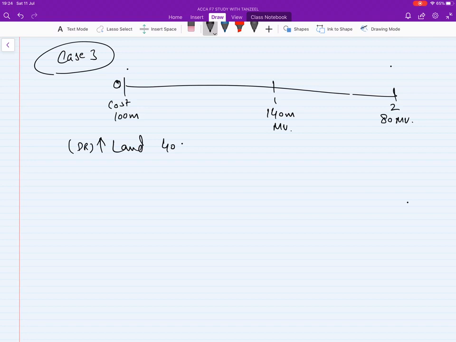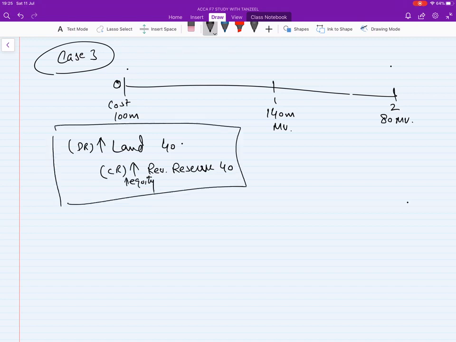Here you need to credit revaluation reserve of 40, because equity increases. So land is debited by 40 and you put 40 extra into the revaluation reserve.